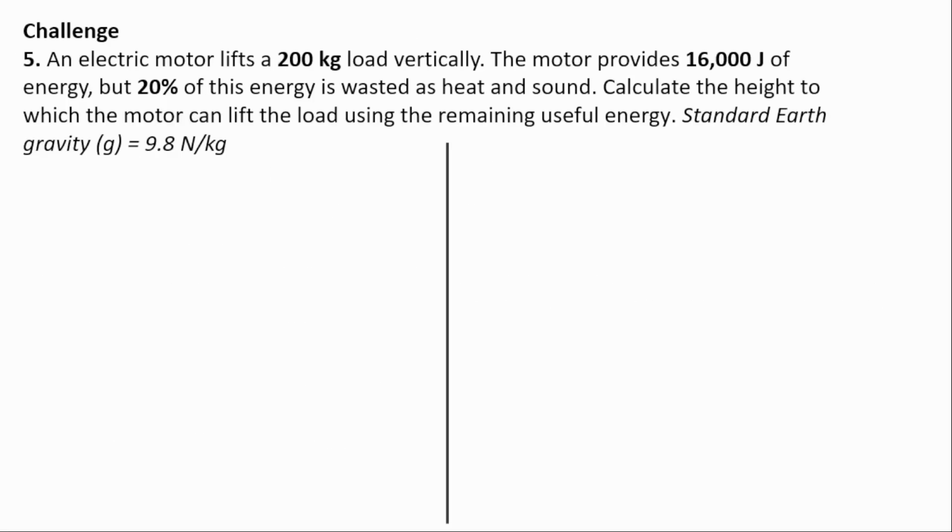Looking at the challenge question, first, we need to write out everything given in the question. So we have a mass of 200 kilograms. We have 16,000 joules of energy supplied.